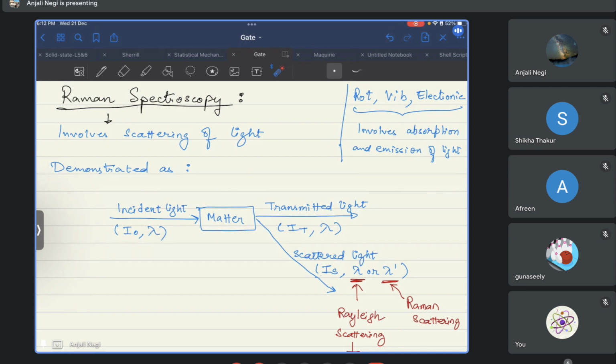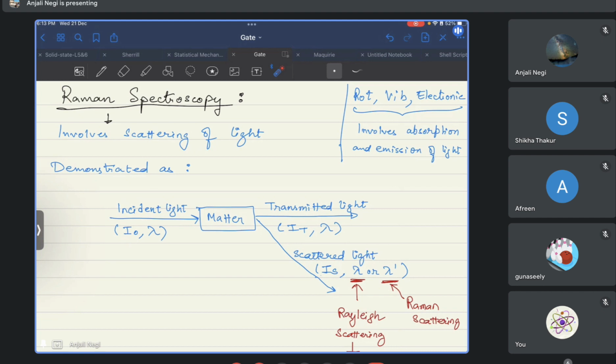After the interaction, I have transmitted light having intensity IT, and the lambda value is the same as the incident light, that is lambda.